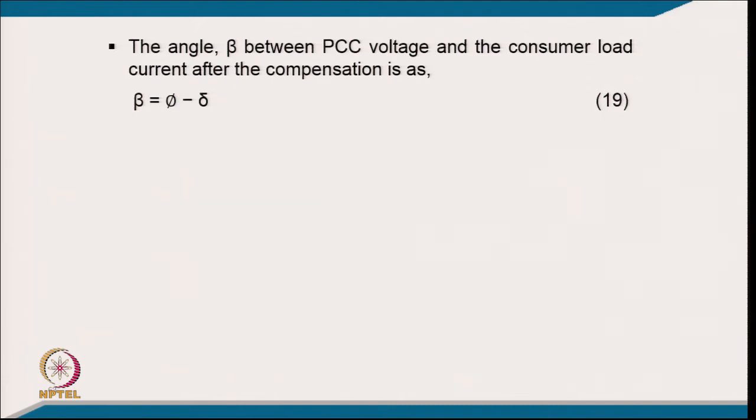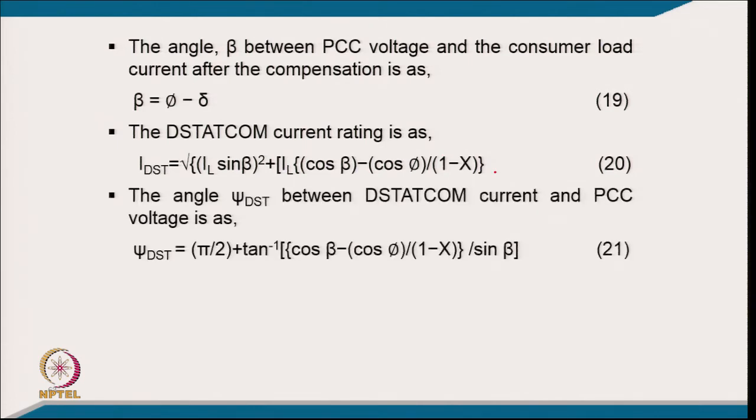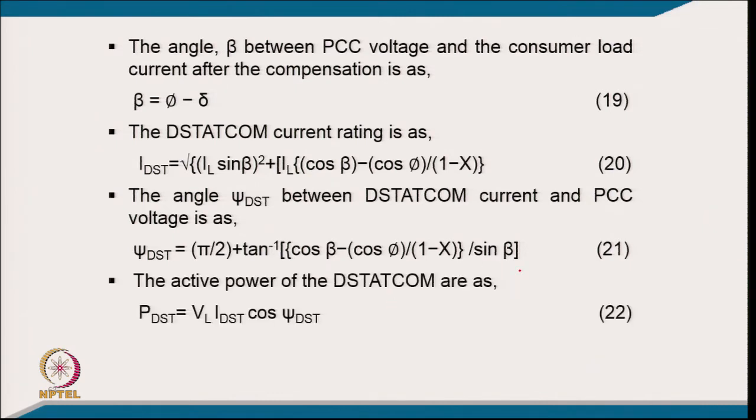So, you can consider that compared to phi, this angle is now reduced, which means part of the reactive power is compensated by the DVR. The D-STATCOM rating can now be calculated as I_S_DST equal to I_L sin beta squared plus I_L cos beta minus cos phi, divided by 1 minus x. The angle phi_DST between the D-STATCOM current and the PCC voltage can be calculated as pi by 2 plus tan inverse of cos beta minus cos phi upon 1 minus x, divided by sin beta.